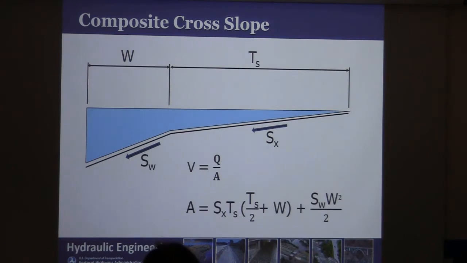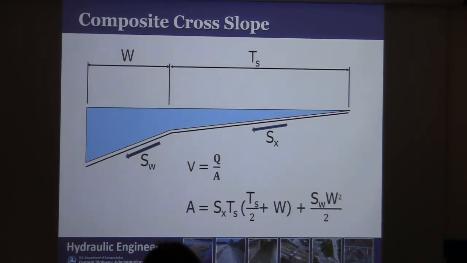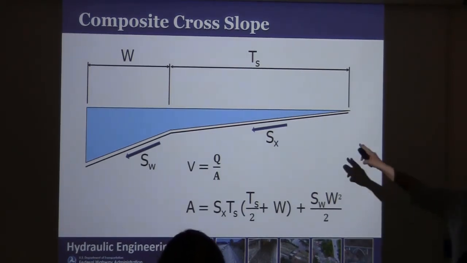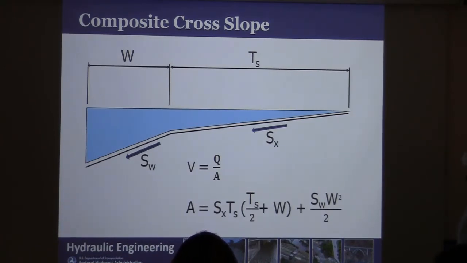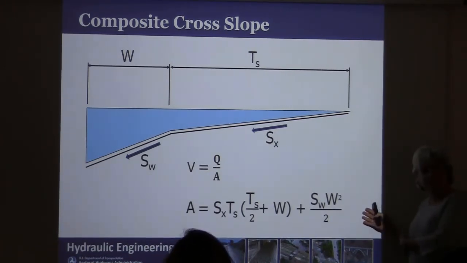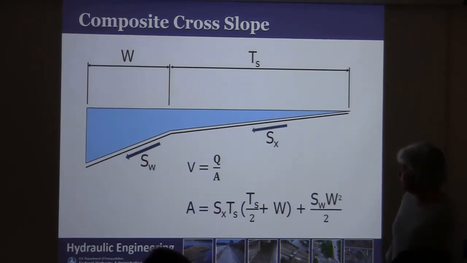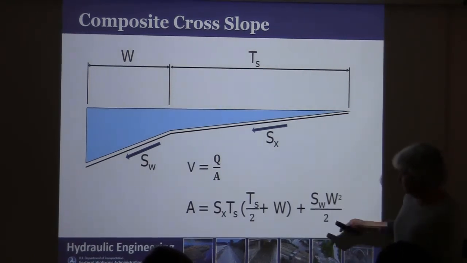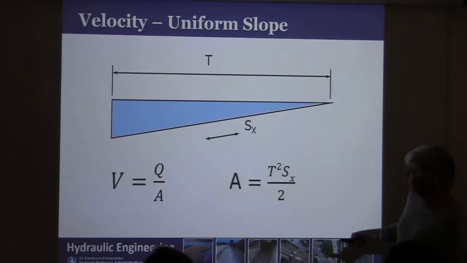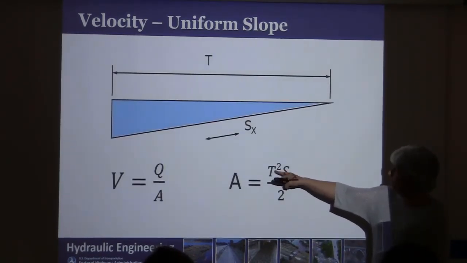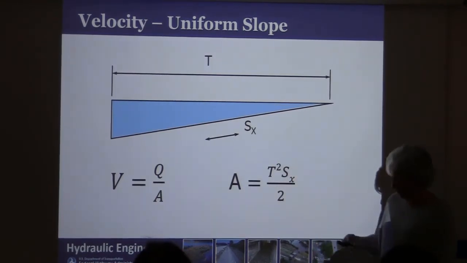And here's the composite cross slope. So again, you could use continuity, V equals Q over A, or if you want to find the area of a composite cross slope, it's just this little equation, no problem, right? It's kind of the same thing as this. You're saying the top width squared times the cross slope divided by 2.